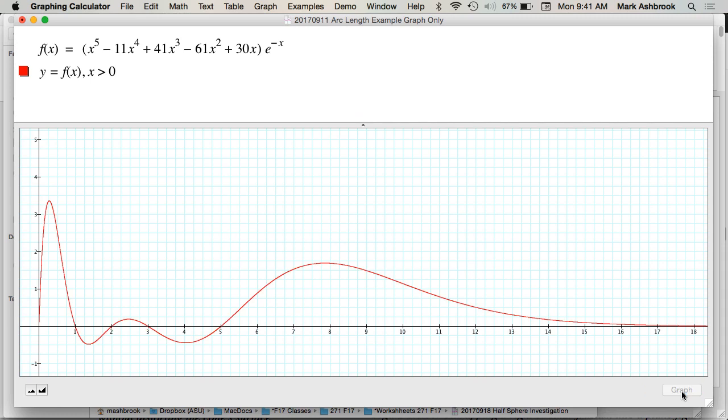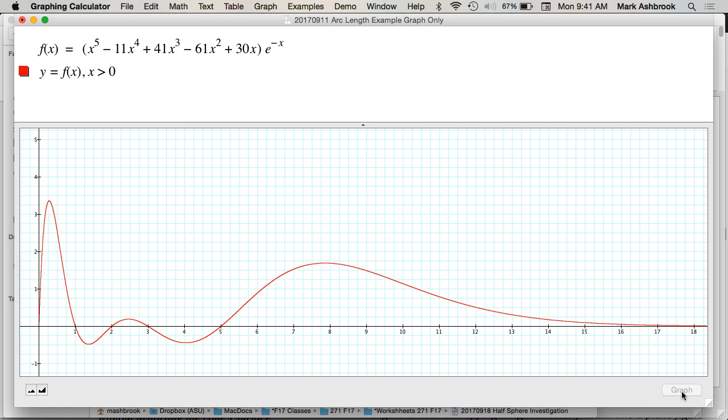What was the idea with arc length? We want to know, say, starting from 0 to some value of x, what's the distance along the curve? How long is the curve? That's what we mean by arc length.